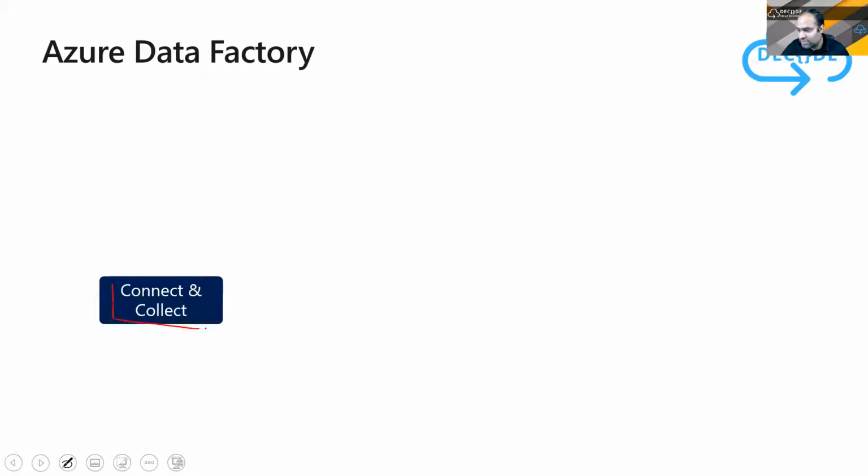As the name suggests, we connect to different data sources and collect the data from there, which we want to analyze, transform, and perform data cleansing operations on. When I talk about connecting and collecting, this covers the types of data.